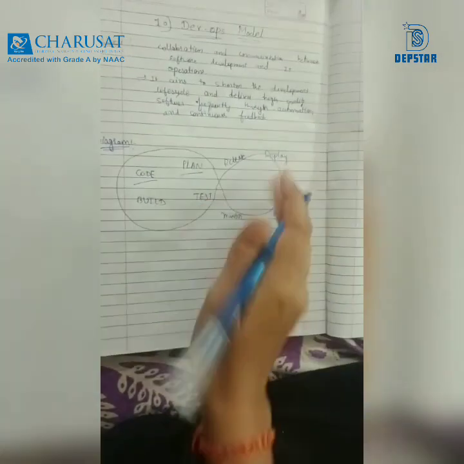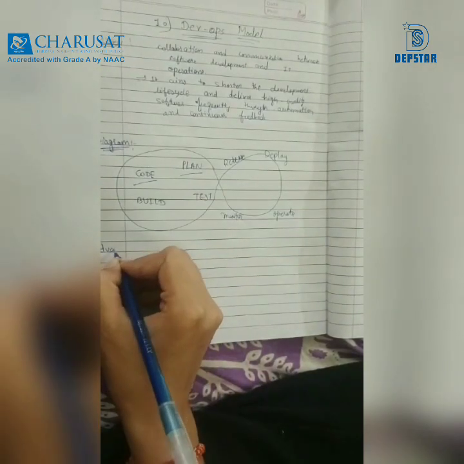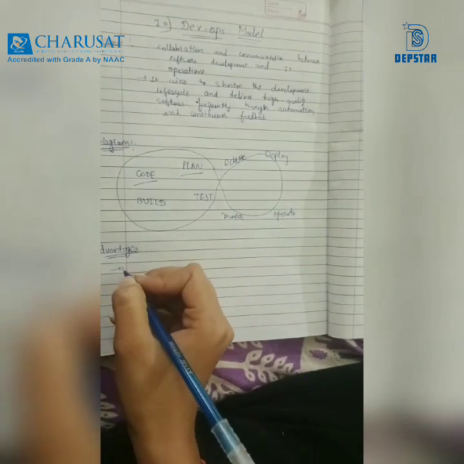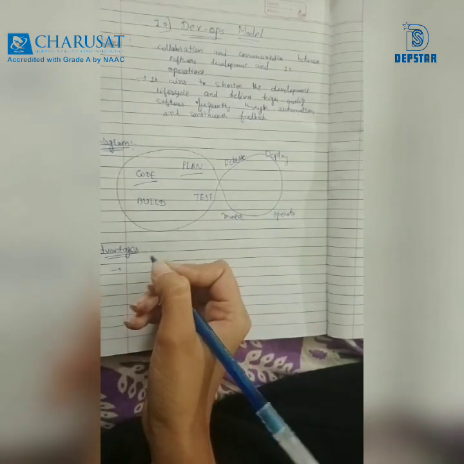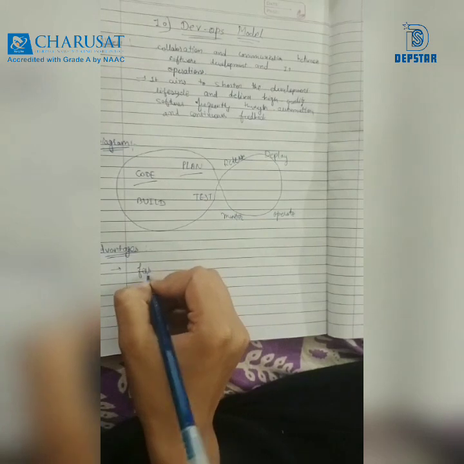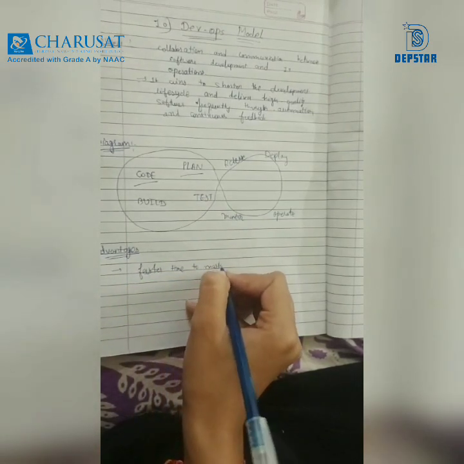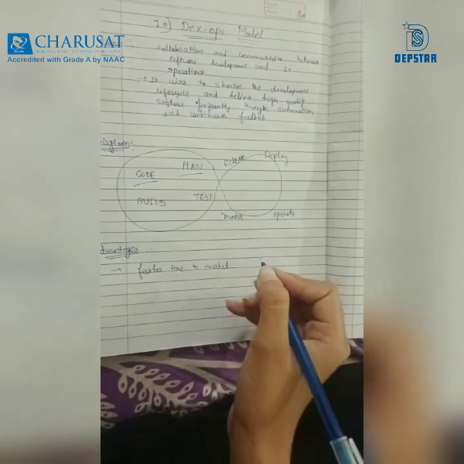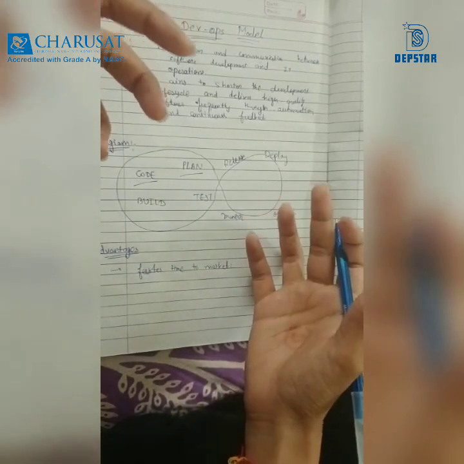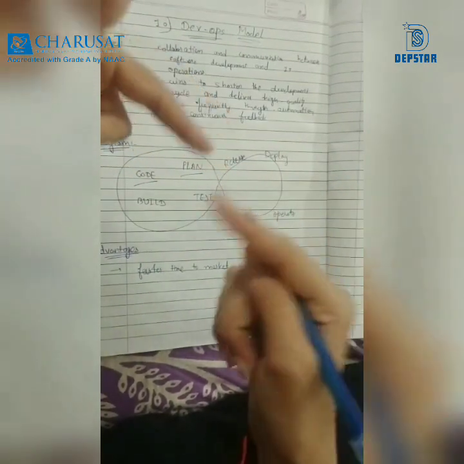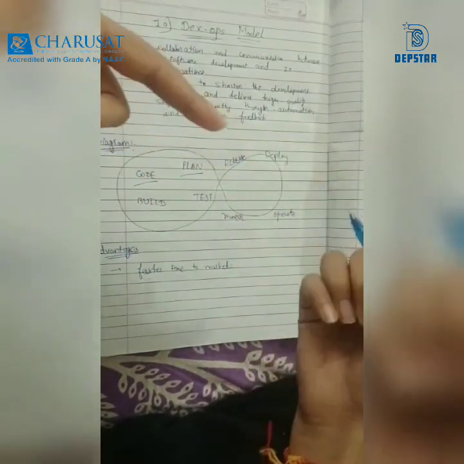Then some of the advantages are there. The first is faster time to market. It enables faster delivery of the software due to automated processes and continuous integration and deployment.